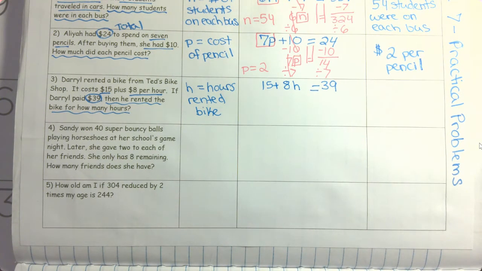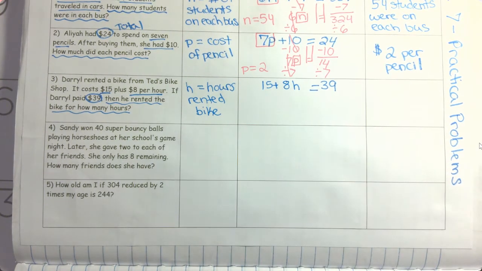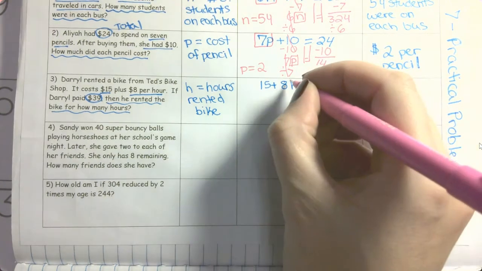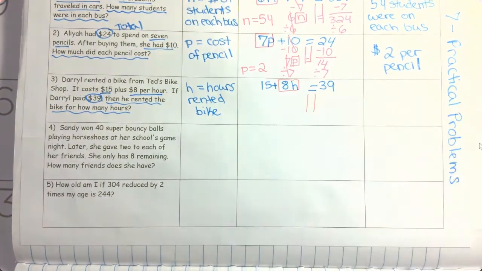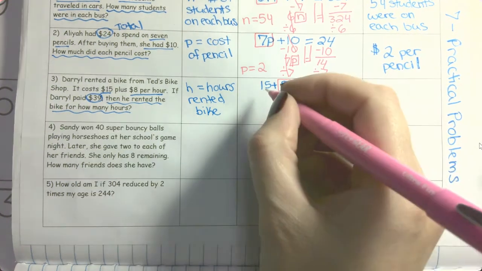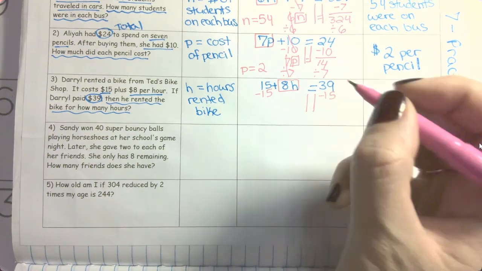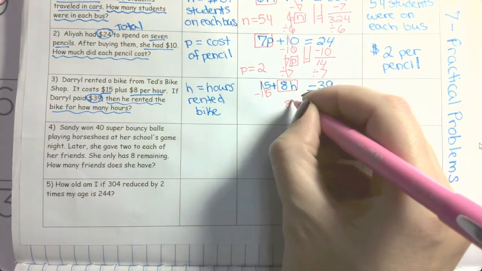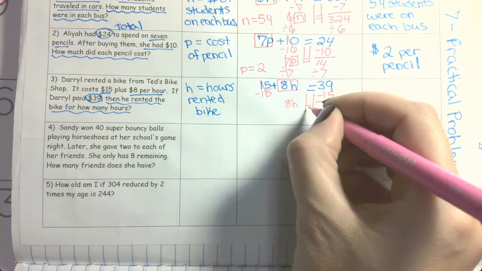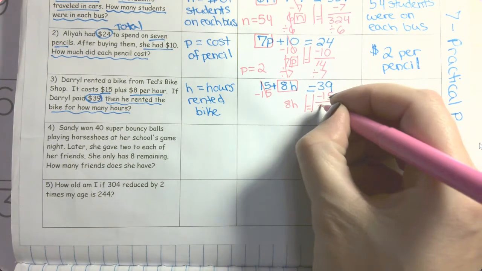My variable is in the second term here, but that's completely fine. I would still start by boxing in my variable and what's with it and getting rid of the other stuff. So I would box in the 8H and draw my railroad tracks. To get rid of the 15, I would subtract 15 and subtract 15. This would cancel, so I have 8H equals, and 39 minus 15 would give me 24.